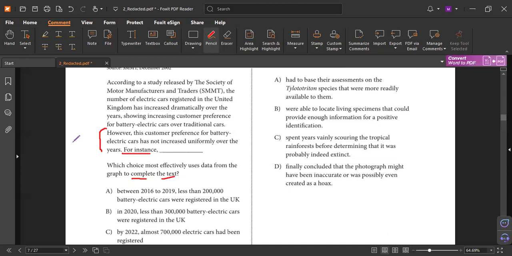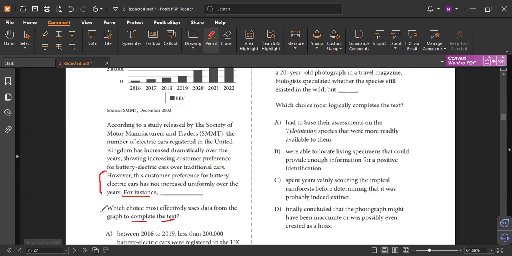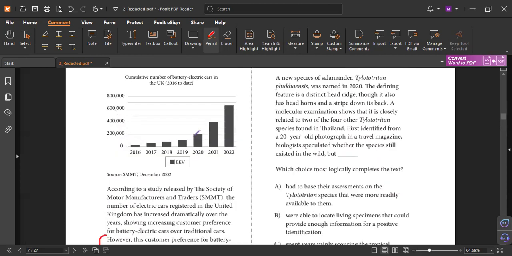B. You want to make it letter B, but letter B, no. Let's go to 22. This is 1. It's less than, what do you see? 300 or 200. As you imagine here, it must be here. So this is done.